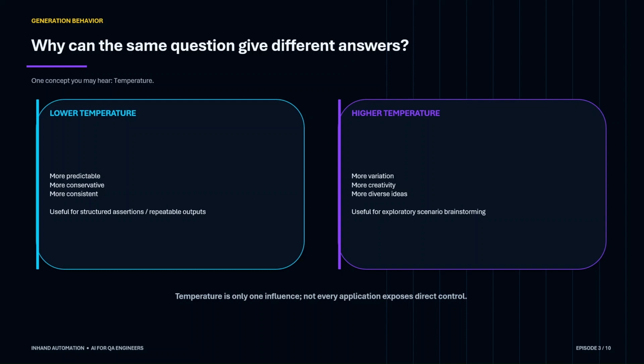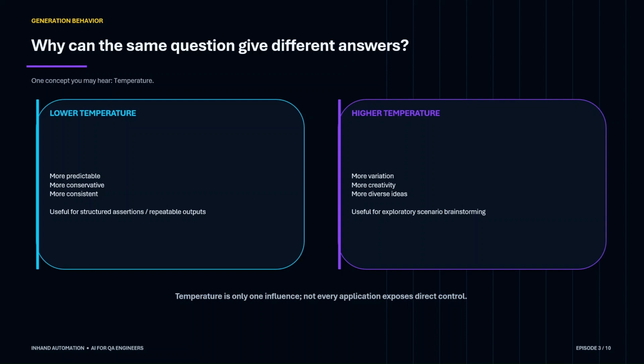A lower temperature generally makes the output more predictable. A higher temperature generally allows more variation. So the higher the temperature you give in the AI settings, the more variation, more creativity, and more diverse ideas you will see in the AI response.